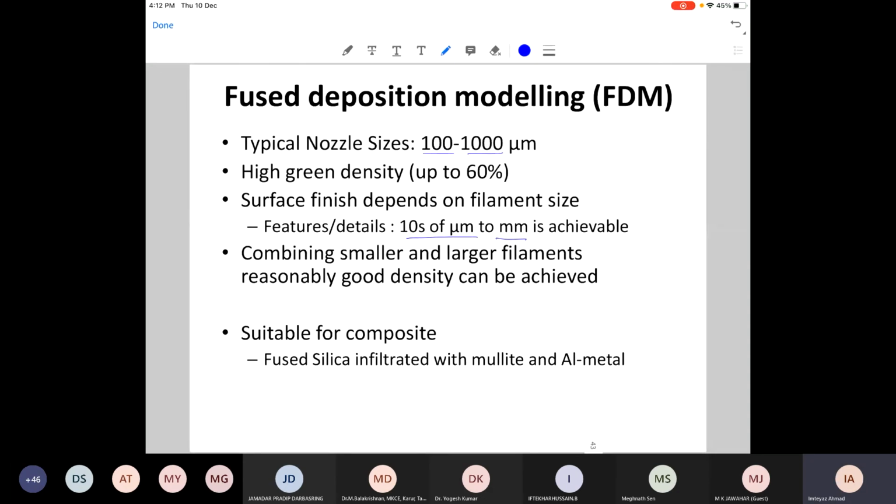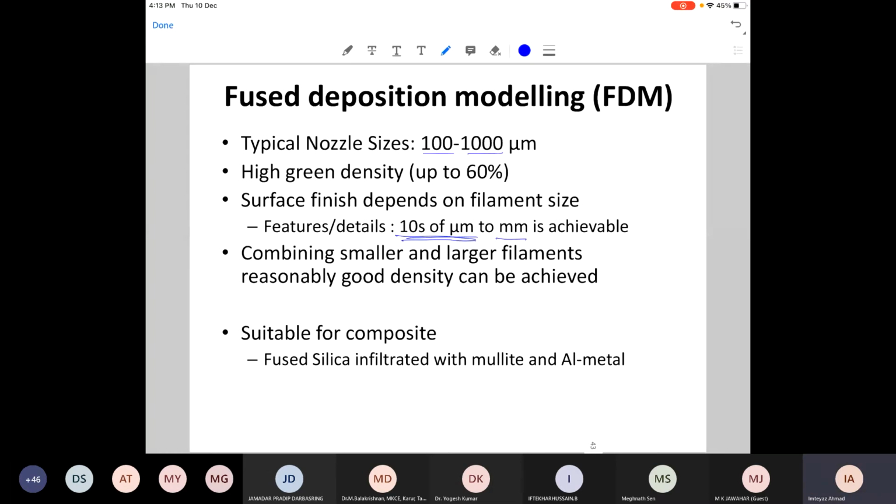If you thin down the strand too much, the strand will break and your product will not be good. At the same time, if you make the strand very thick, your detail will not be produced. So generally, details in the tens of microns are possible. Millimeters are easier actually.